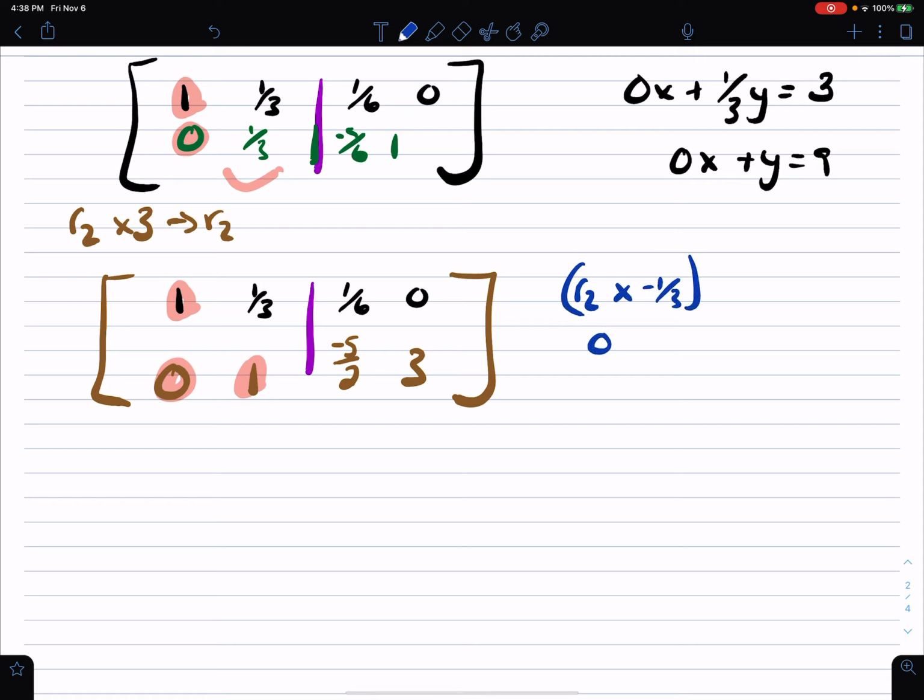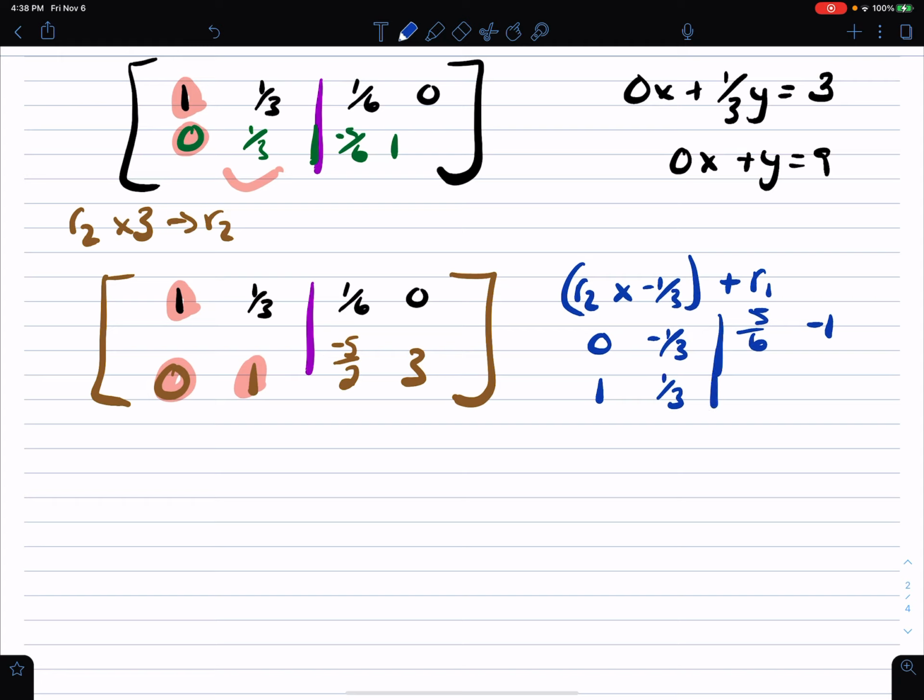So I'd get 0, negative 1/3. And then when I take 5/2 and multiply it by negative 1/3, I get 5/6. And then I would get negative 1. So that's just me taking this equation and multiplying it by a constant. Then I can add the original equation in row 1.